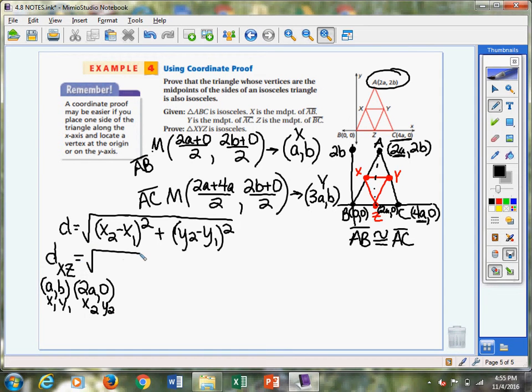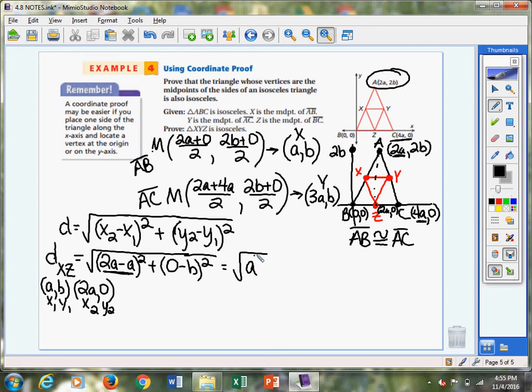Okay, so first thing we want to do is subtract our X's. That would be 2A minus A. We're going to square that. Plus, let's do the same thing with the Y's: 0 minus B. Okay, so 2A minus A, well that's 1A.